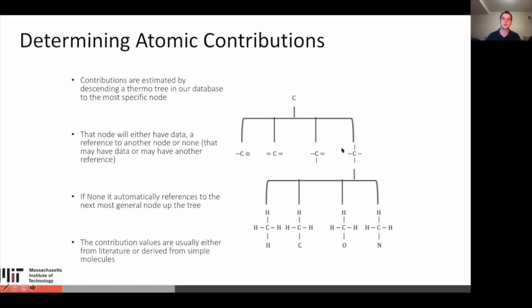When you go all the way down, at the bottom, when it hits the most specific node that matches, that node will either have data, a reference to another node, or none. Now that reference to another node may have data, or it may have another reference, and that none will simply reference the next most general node up the tree. These contributions are usually either from literature or derived or fitted to simple molecules.